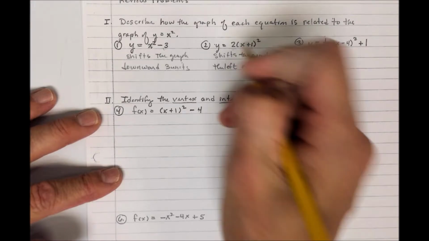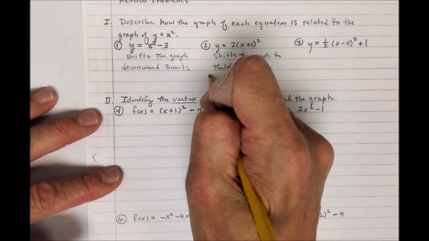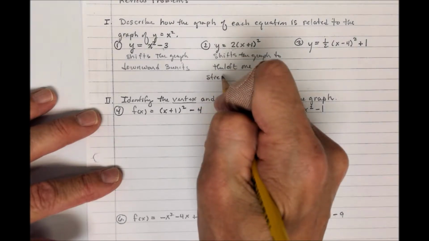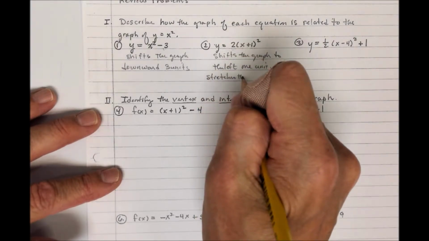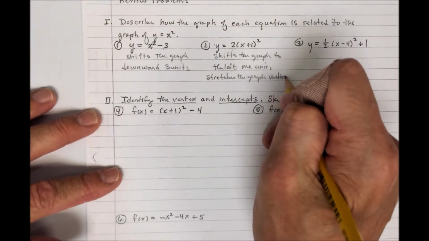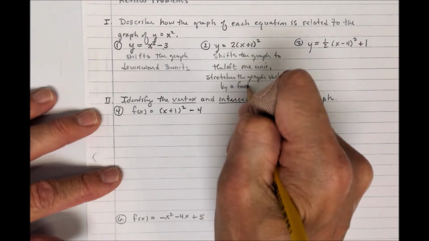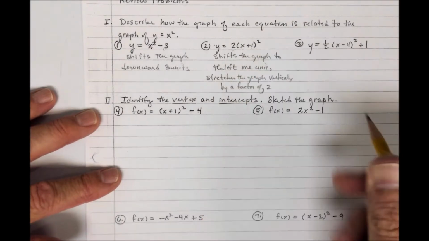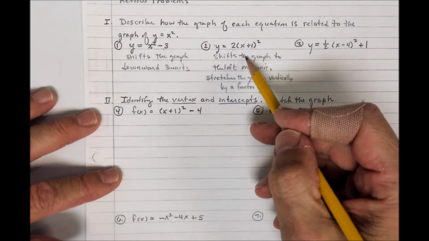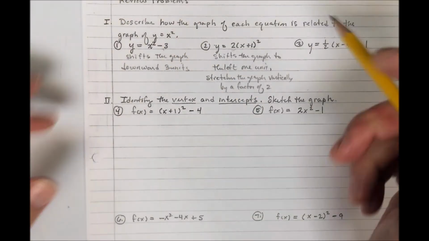And then the 2 stretches the graph vertically by a factor of 2. So if you had the points on the graph from the parent graph, you would just double the y value, so it would stretch it out and make it skinnier looking.